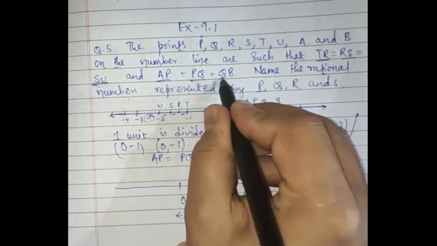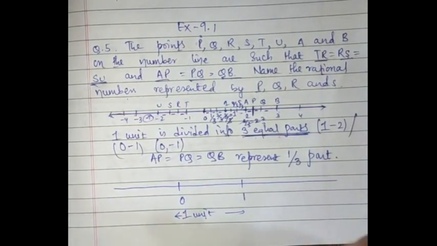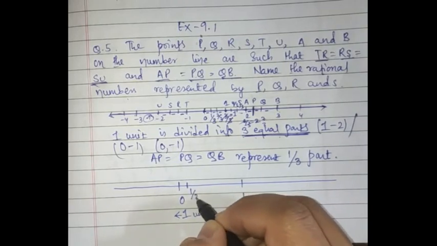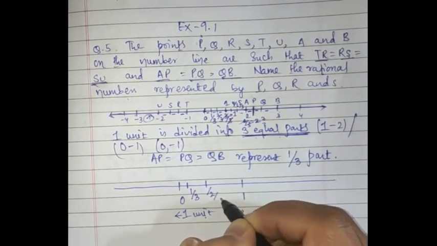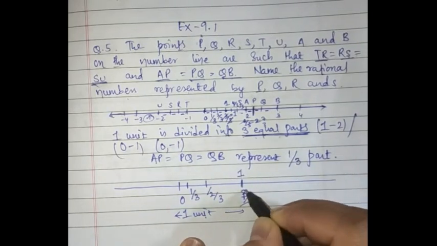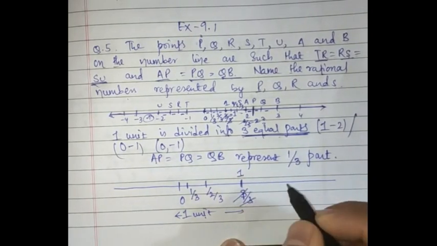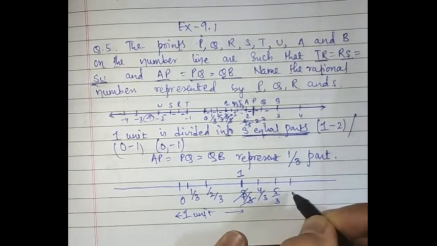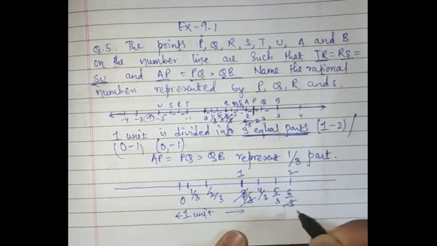So from 0 to 1 we can write 1 by 3, 2 by 3, and over here 3 by 3. That's why it is 1 here, because 3 gets cancelled and 1 will be there. After that what comes? 4 by 3, 5 by 3, and 6 by 3. That will be your 2, because 3 ones are 3, 3 twos are 6, isn't it?